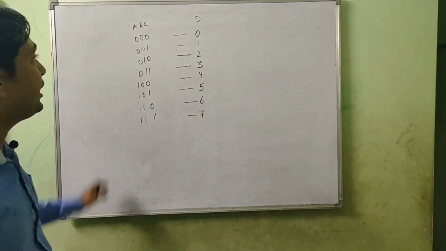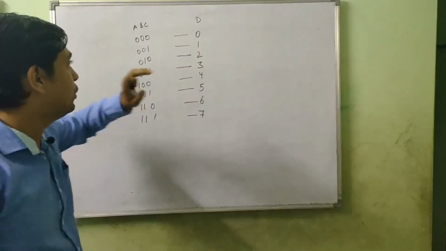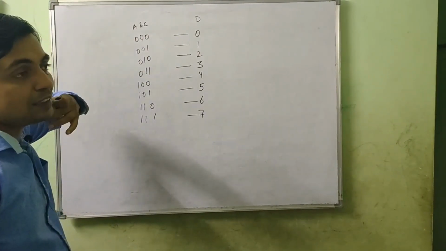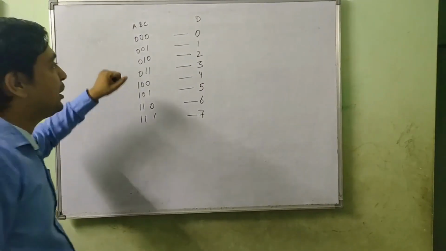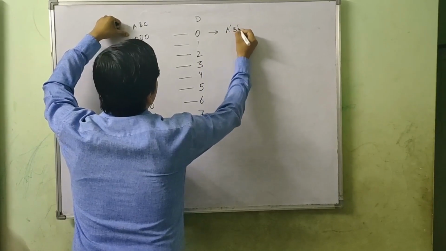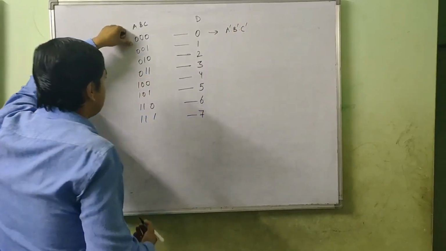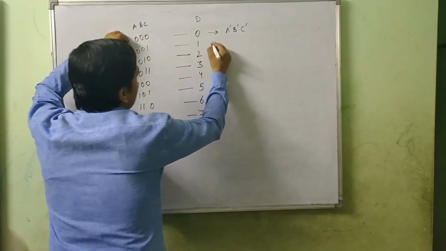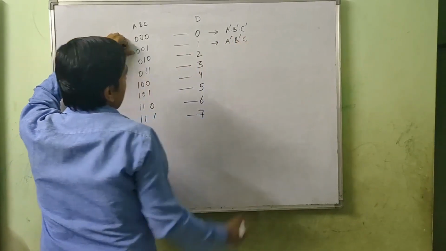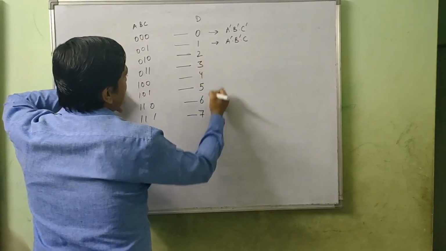Okay, so for D0, what is the value of A, B and C, or what is the minterm value? The minterm value will be A complement and B complement and C complement. For the next output, the minterm value will be A complement and B complement and C. Similarly, you can write all the minterm values.